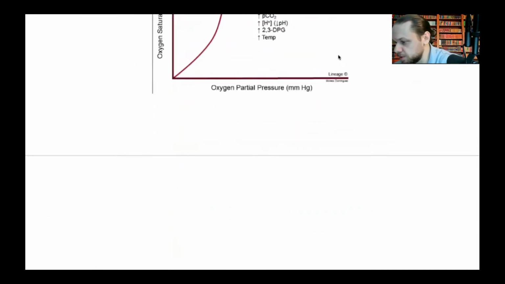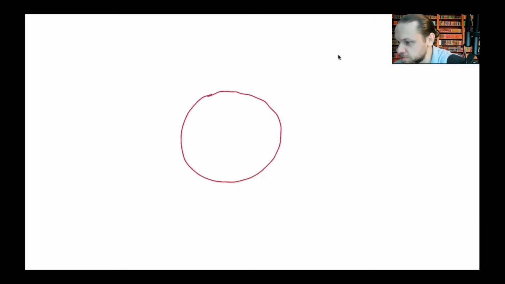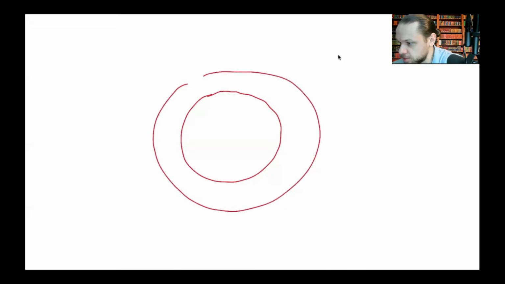So first, let me outline some things here. We're going to pretend this is your circulatory system. I'm going to basically draw the circulatory system. This is going to be the lungs that are going to be here. And at the bottom, I'm going to draw some cells.